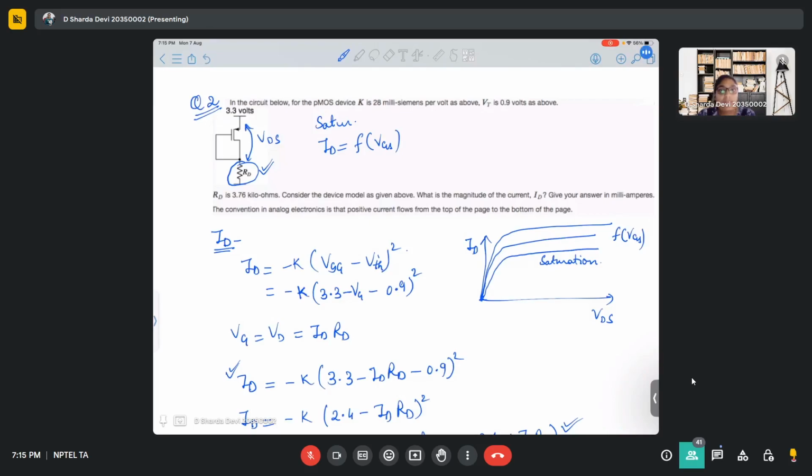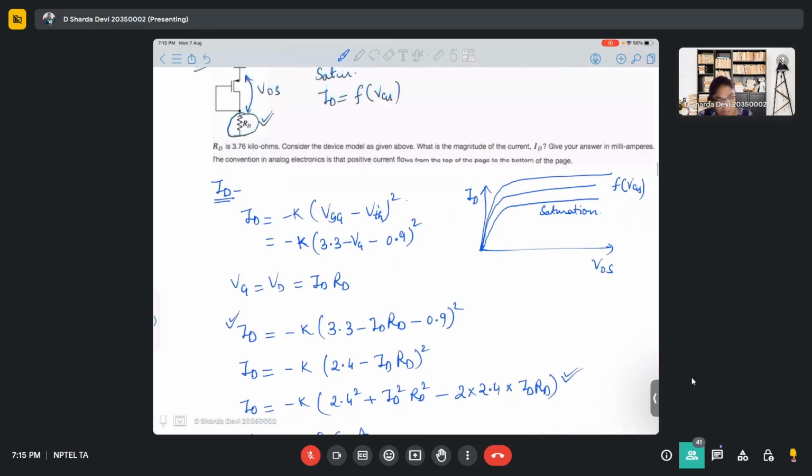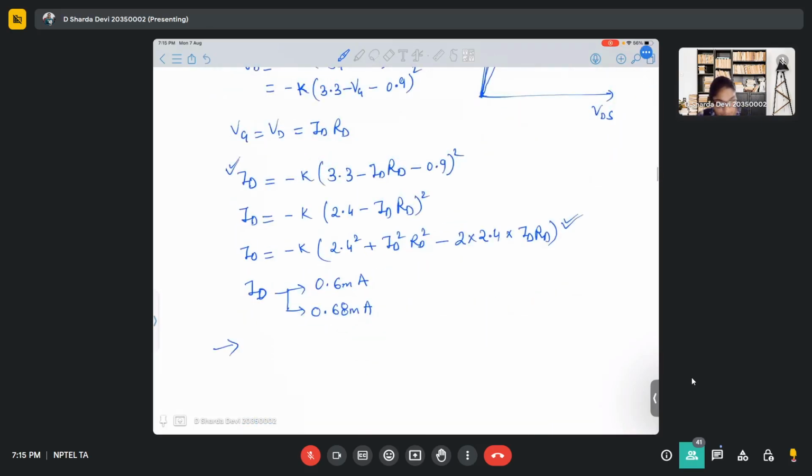Since it is a PMOS, VSG should be greater than VTH. And secondly, your VSD should be greater than VSG minus VTH, right? These two conditions need to be satisfied.